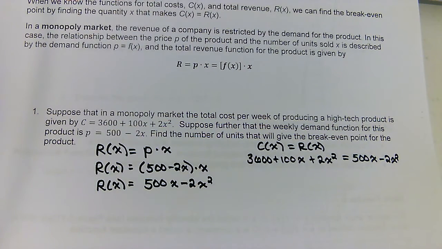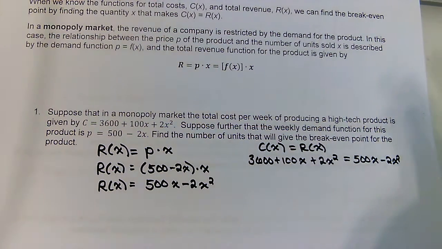Now there's a couple of ways to do this, and I'm actually going to talk about both of them. One way is we can do it algebraically. We can get everything on one side and solve for x. So I'm going to do that first.